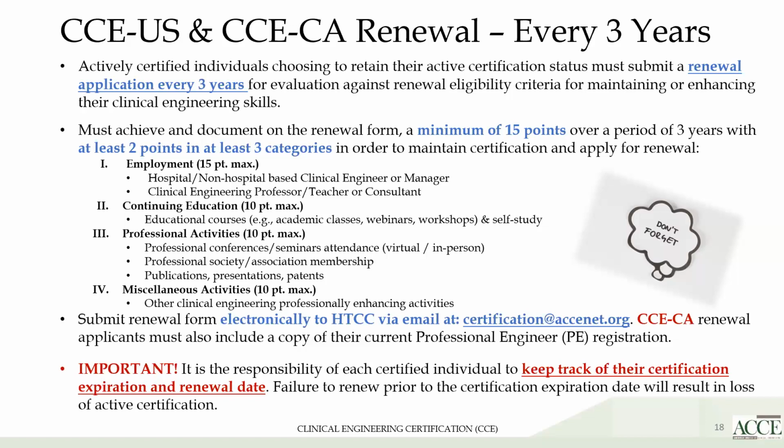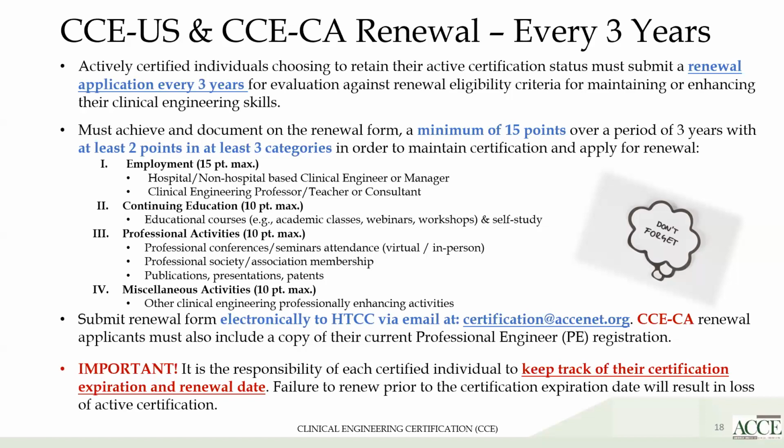For renewal, you'll need to complete a minimum of 15 points over a 3-year period and at least 2 points in 3 different categories. The categories are listed here on the screen, and they include employment, continuing education, professional activities, and miscellaneous activities. Again, the key note here is you have to have 2 points in at least 3 of the 4 categories.